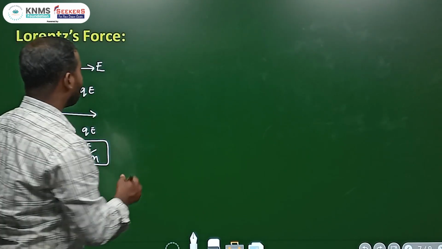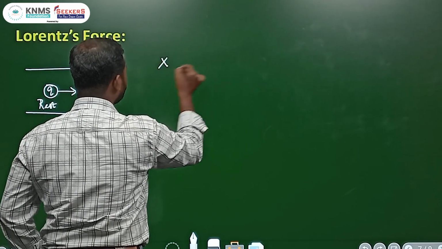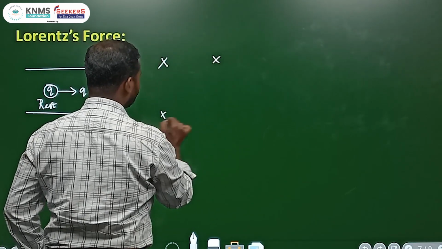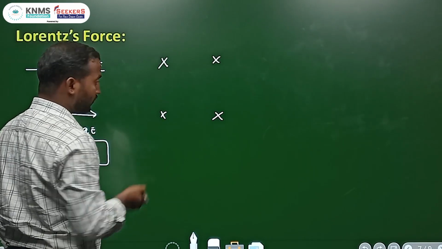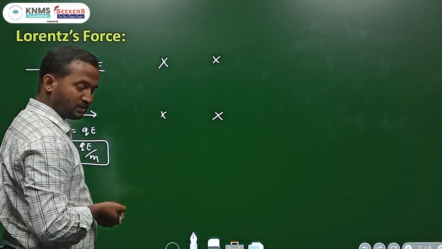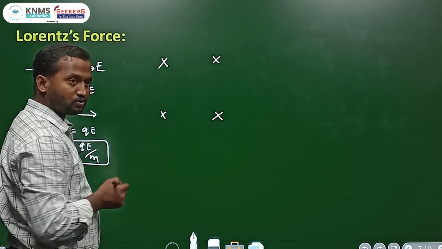Right. Now if you keep a charged particle in a magnetic field, it will experience a force. If you just keep a charge at rest, it will not experience any force because v is equal to 0, so the magnetic force becomes 0.